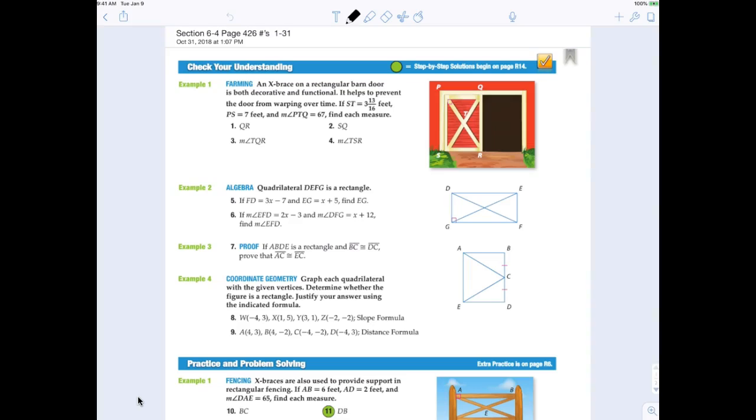The angles are all congruent, and if the angles are all congruent, each angle measures 90 degrees. So that's what makes it a special parallelogram, the fact that it has 90-degree angles. So again, the same characteristics apply.